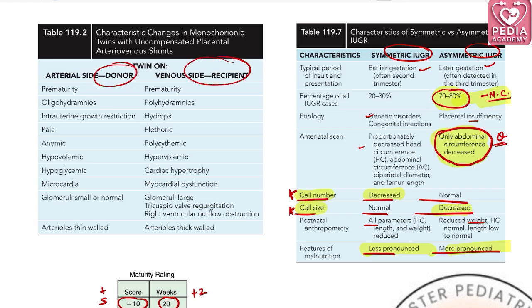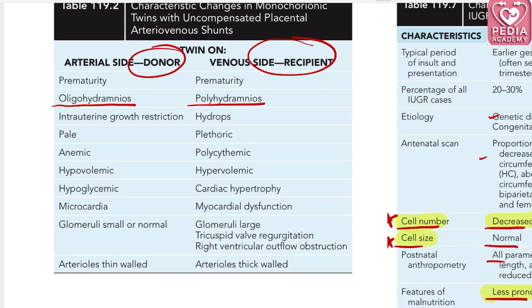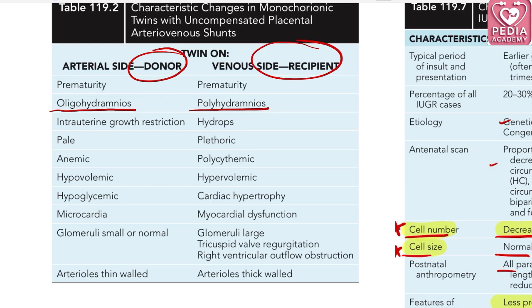Donor side will be oligohydramnios, less, and venous side or recipient side will be polyhydramnios, the most common differentiating factor. Intrauterine growth restriction will be seen in the donor twin, and hydrops will be seen in the recipient twin.